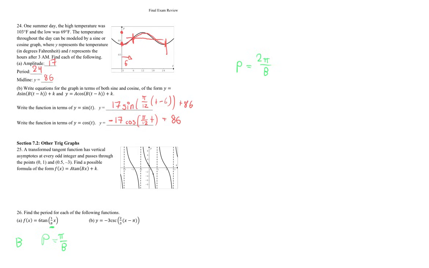We're back to a cosecant function. So our b here, though, is 2/3. So p is equal to 2 pi divided by 2/3. These 2's can cross out, and we're left with 3 pi.